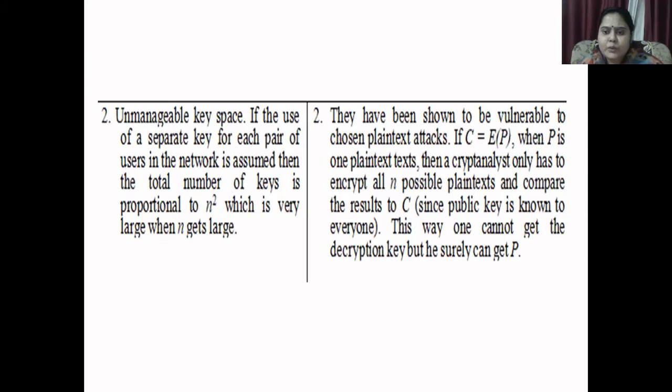If C = E(P), where P is one plain text, then a cryptanalyst only has to encrypt all n possible plain texts and compare the results to C. This way, one cannot get the decryption key but surely can get P.